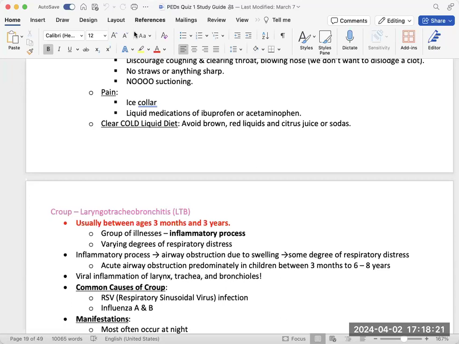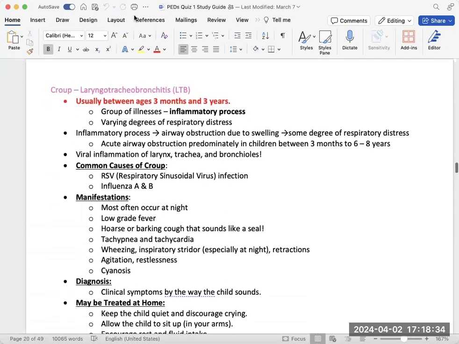But to prevent that confusion, we don't want to give them any of those colors as well as any sort of citrus juices or sodas because that could just be really harsh on the throat. Okay, is there any questions before I continue?